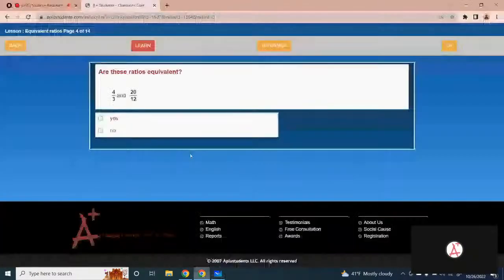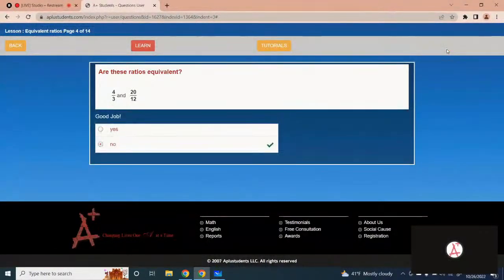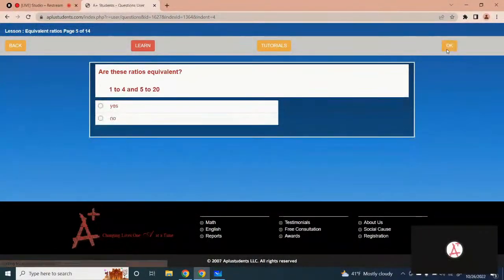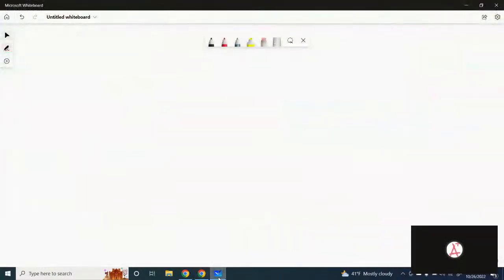Okay, let's start with the next one. 1 to 4 and 5 to 20. Write them in fractional form, so it would be 1 by 4 and 5 over 20. Got it?